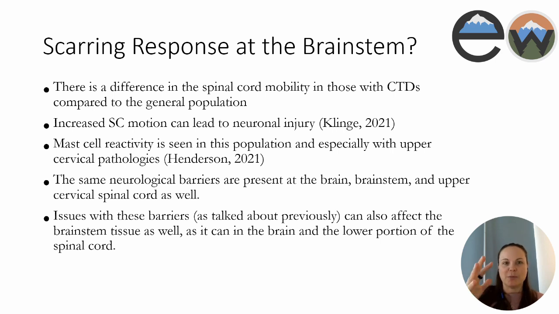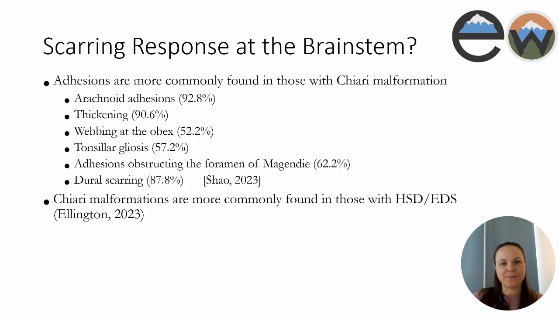We talk a lot about the blood-brain barrier, but the brainstem as well, and it can also irritate the lower portion of the spinal cord too. So we can see this in different areas. We talk a lot about the neurological tissue of the central nervous system, brain and spinal cord, including the brainstem and the structures in between.